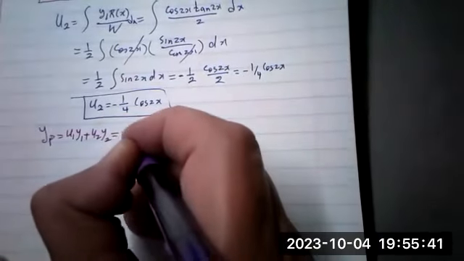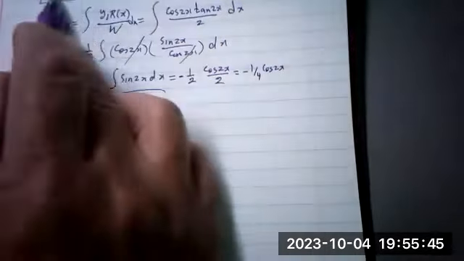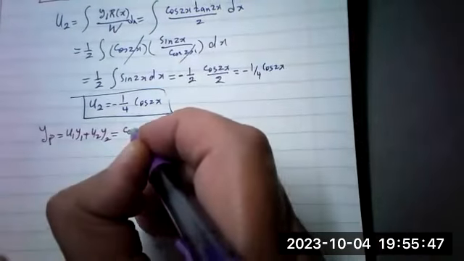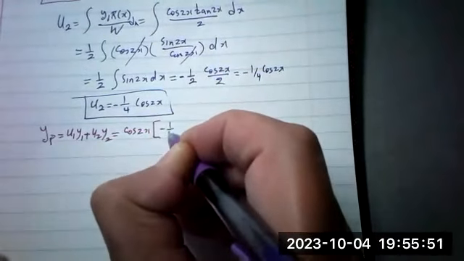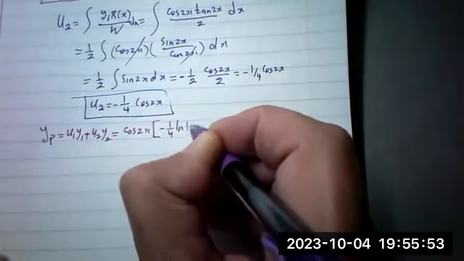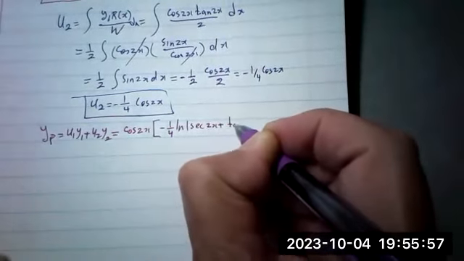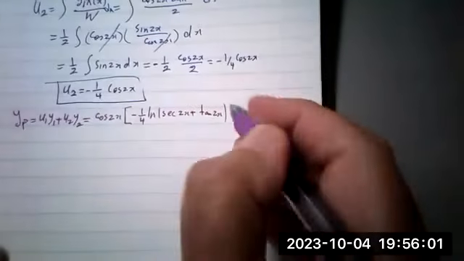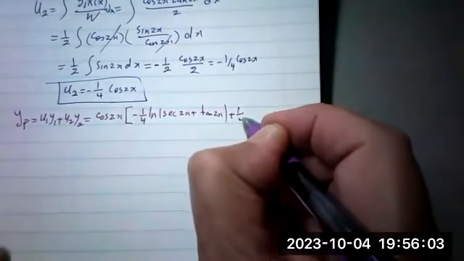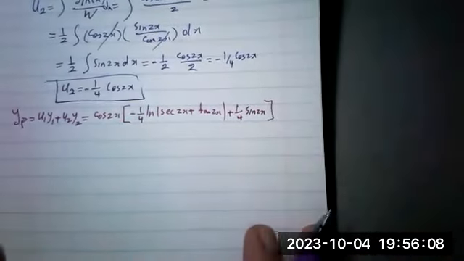So it's going to be the cosine of the 2x times negative quarter, secant of the 2x plus the tangent of the 2x. There's not much to simplify for this one. Plus a quarter times sine of the 2x. That's the first part.